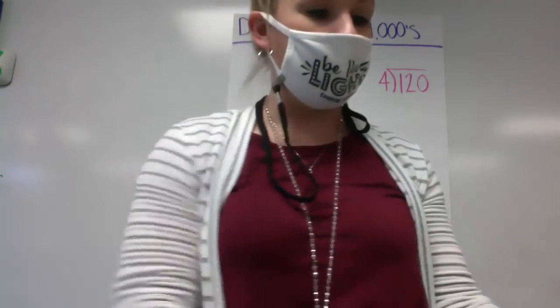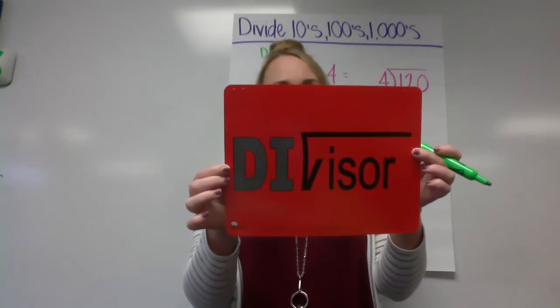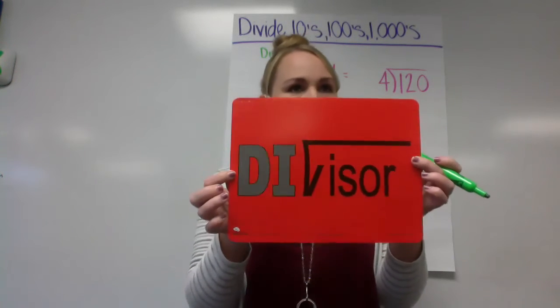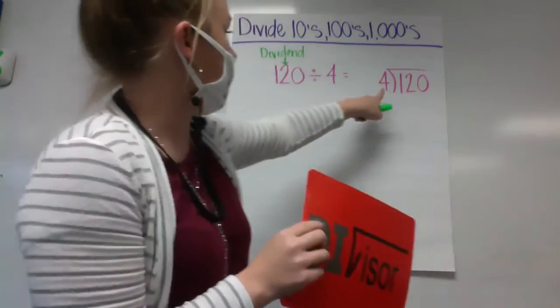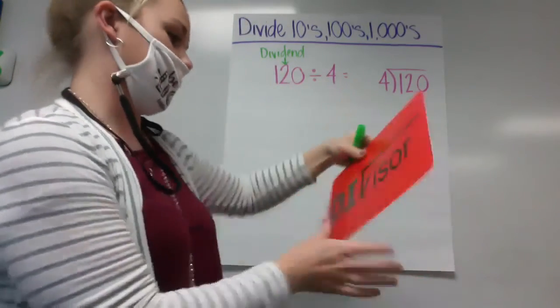Okay, and then the number that's doing the dividing is called the divisor. The divisor is the number that divides into the dividend in a division problem. So your smaller number, that's your divisor. Let's label that too.